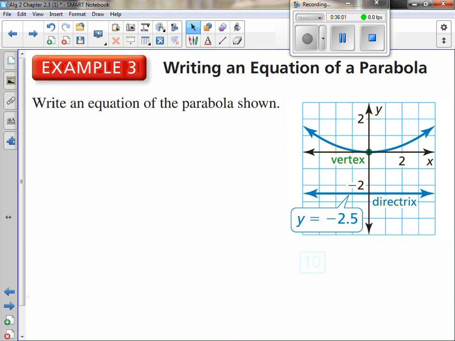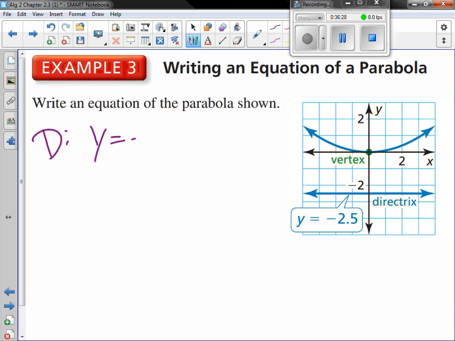We need to look at another one because it'd be helpful, yes? Very good. Directrix. So here the directrix would be y equals negative p.